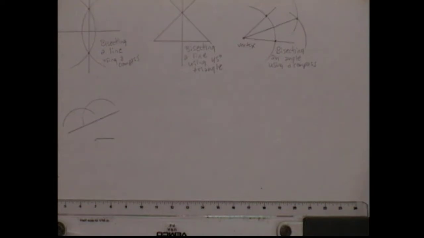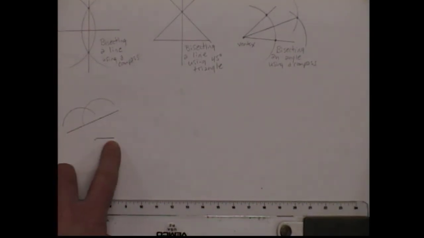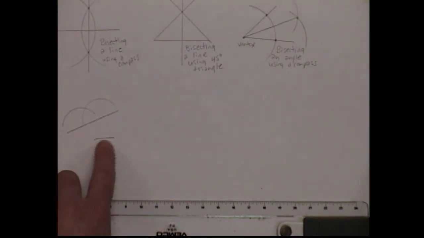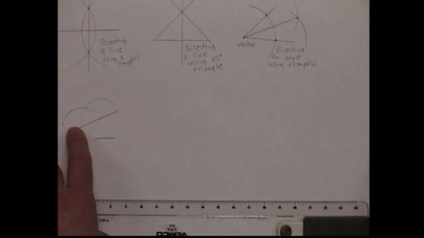So I have two arcs that started from that line. The needle point started from that line. So it's true that the radius of those arcs is equal to the length of this line. So we're making a parallel line from a given distance.